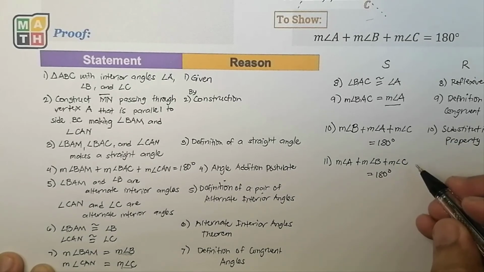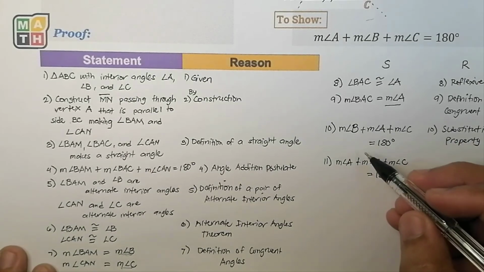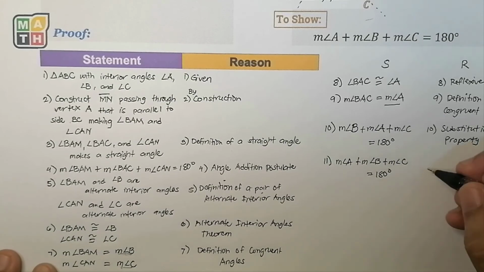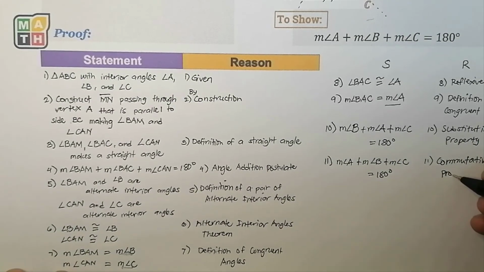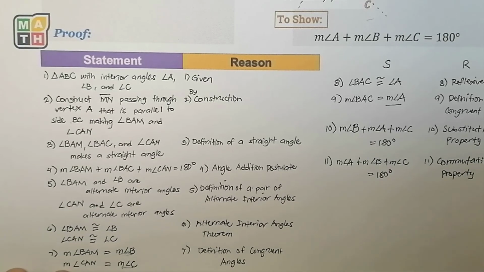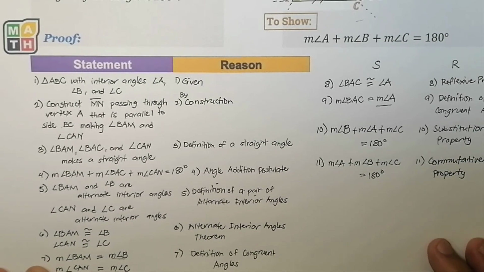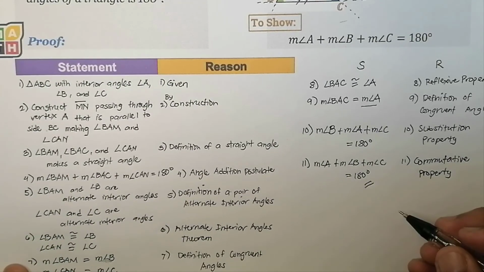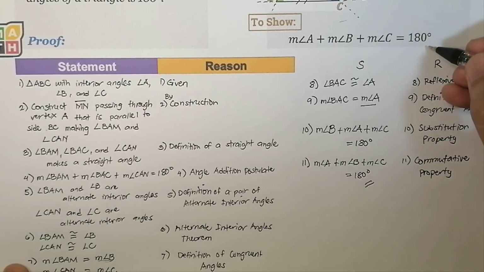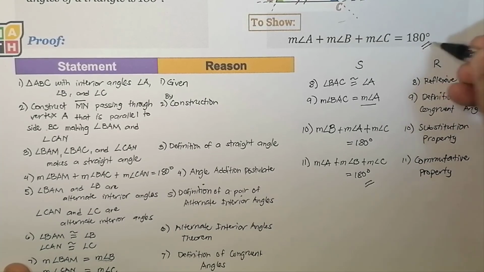And the reason that would correspond to just simply arranging this one is by commutative property. Okay, let me move it a little bit here so you can see. Okay, like this one.